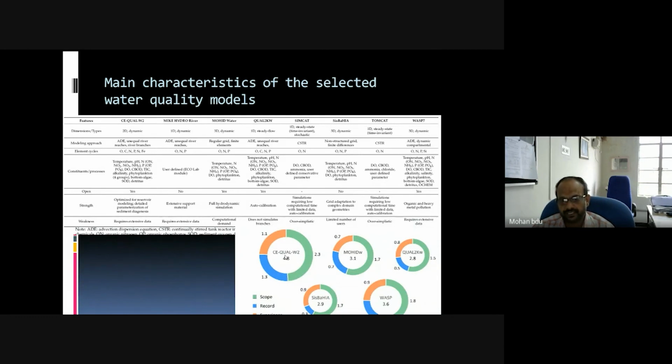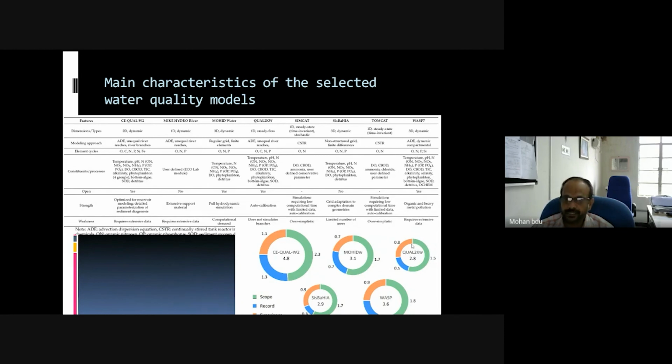Here again we can see CE-QUAL-W2 is a very widely used model, and it's a 2D model. And you can see the element cycles of oxygen, carbon, nitrogen, phosphorus, and iron, and the processes like temperature, pH, dissolved oxygen, phytoplankton. So if we are interested in all these parameters, then CE-QUAL-W2 is the best suited model for the analysis.